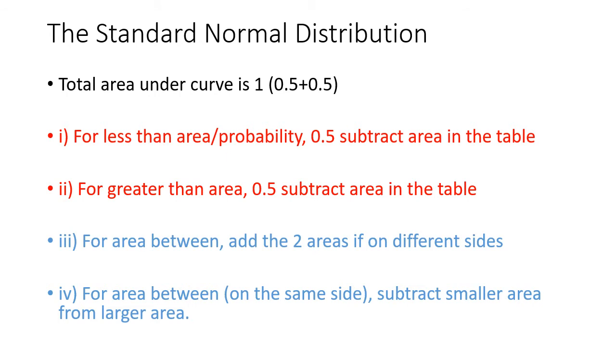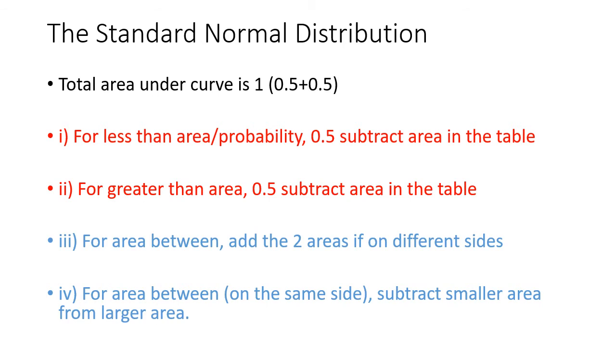Now, what if you are given 2 x values instead of 1, which means that you have 2 values and you're looking at areas between those 2 values? Now, here's a tip for you. If the area that you are looking at is on different sides of the mu, one is positive and one is negative, all you need to do is to add the 2 areas together.